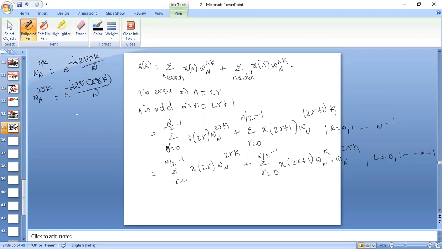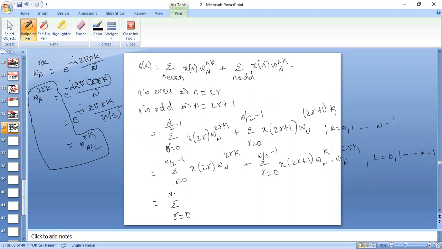We can write it as e to the power of minus j 2 pi into rk by capital N divided by 2. So if we want to represent it in terms of the twiddle factor, omega n by 2 power rk, right? So omega n power 2rk can be represented as omega n by 2 power rk.